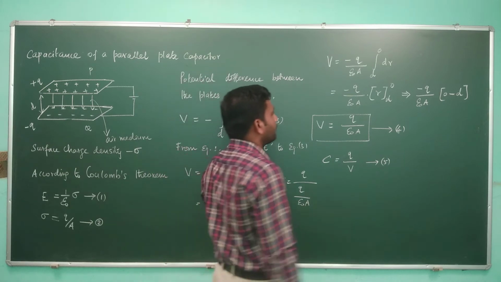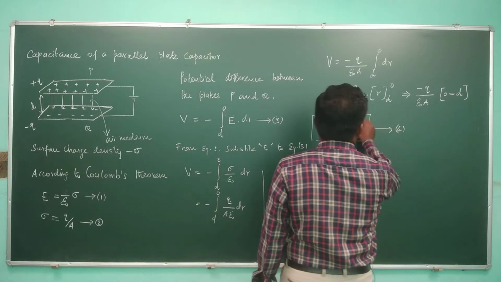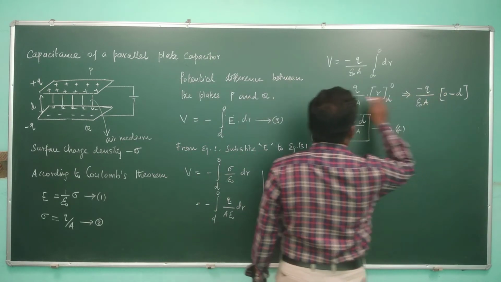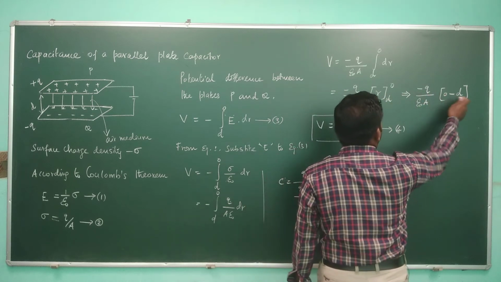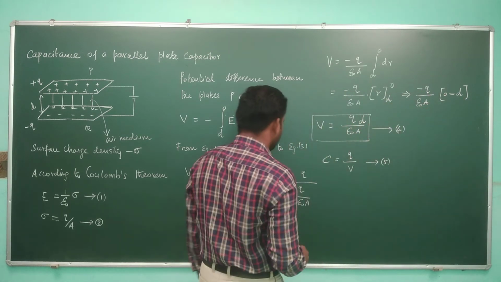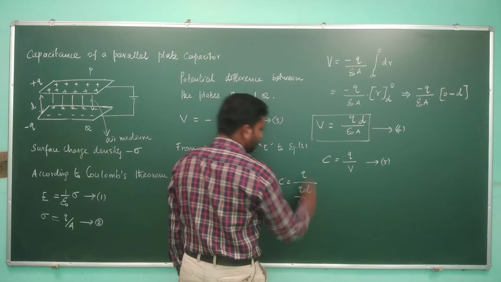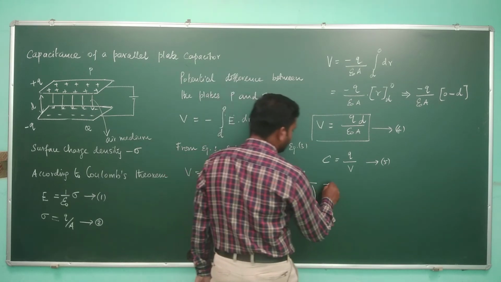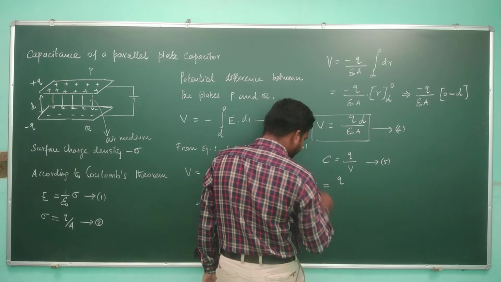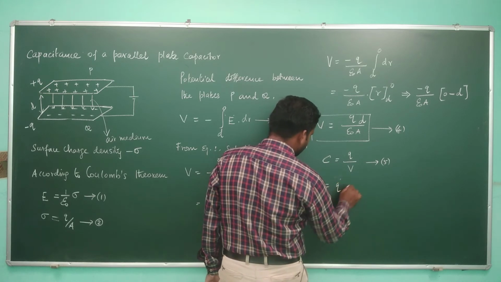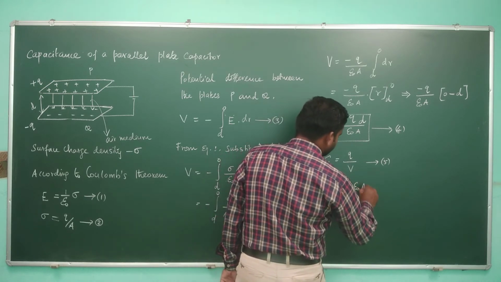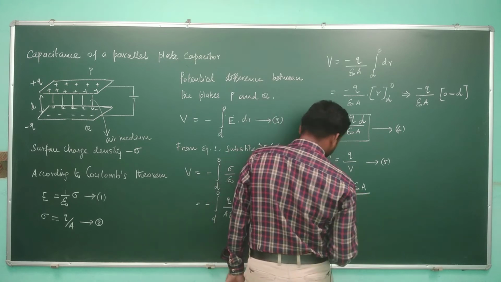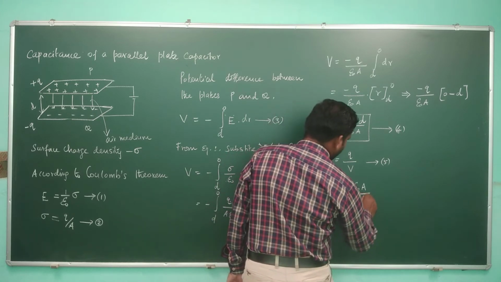Here what we have missed is D. So it becomes Q D by epsilon naught A, that we can write as Q multiplied by epsilon naught A divided by QD.